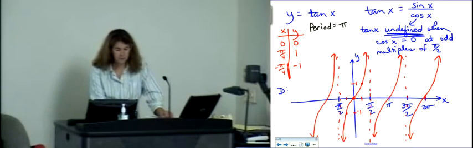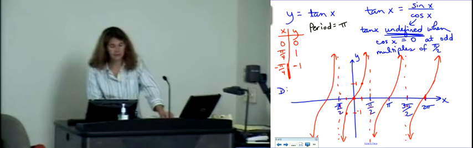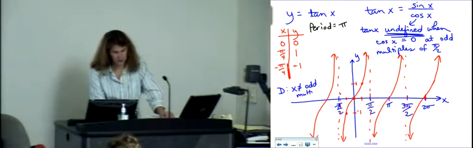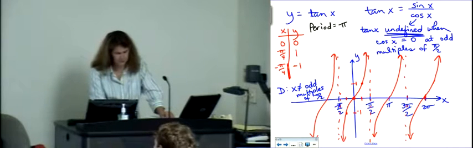What's the domain here for the tangent graph? It's not everything because we have asymptotes. x can't be those odd multiples of pi halves. That means x can be anything but those.